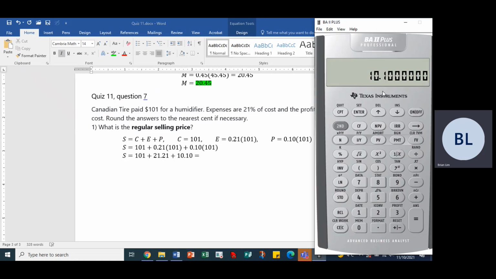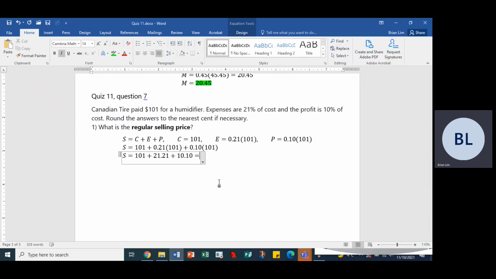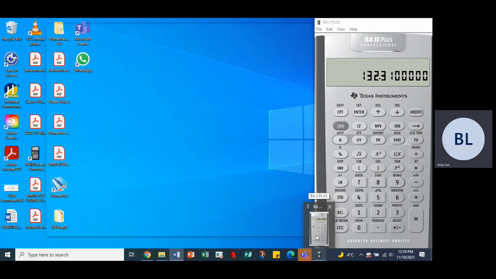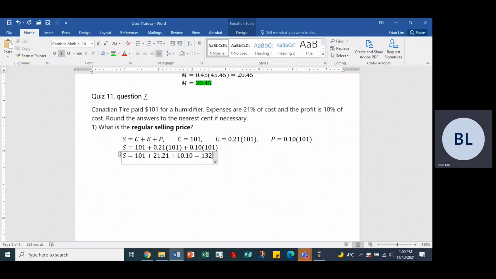Well, we have the 10.10, so let's go to the 21, so plus 21.21, and then we add the 101, and we get 132.31.